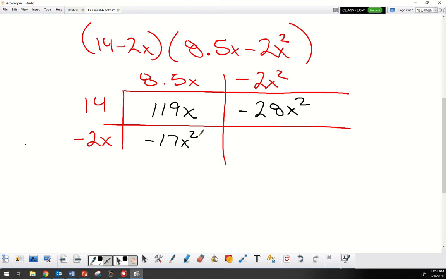Next one, my last one over here. Negative negative makes a positive. Positive 4x cubed. X1, x2 gives me x cubed.